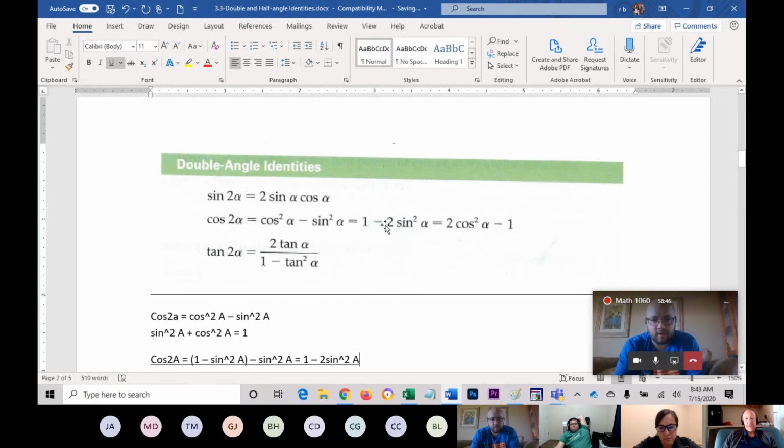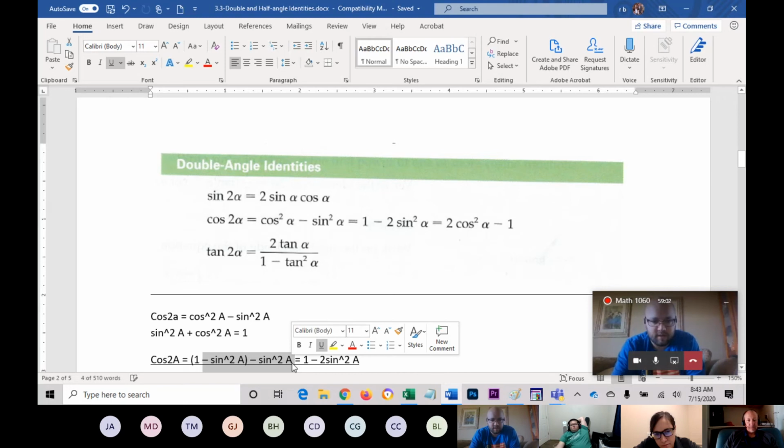And so that's where we got this piece here. It just came from the cosine 2a. I'm having a hard time understanding where the second sine squared alpha comes from. We're combining these two. Negative sine squared minus the negative sine squared is negative 2 sine squared.